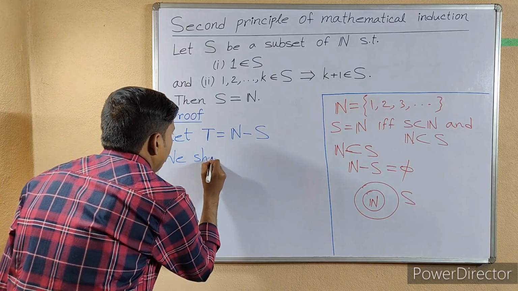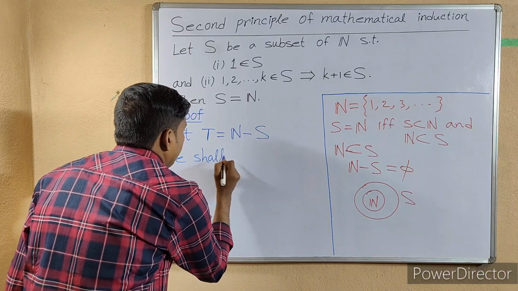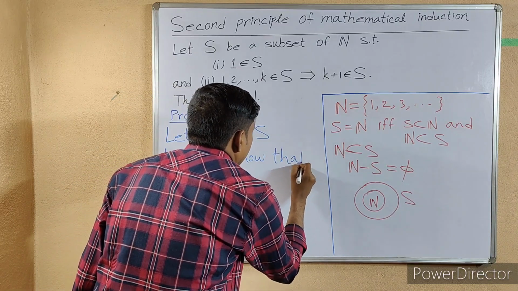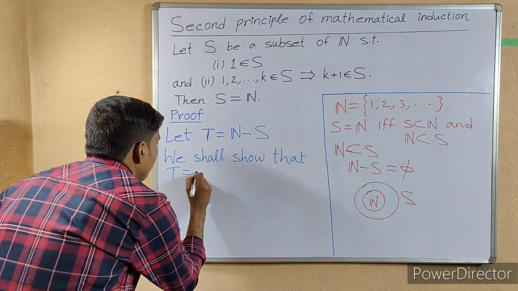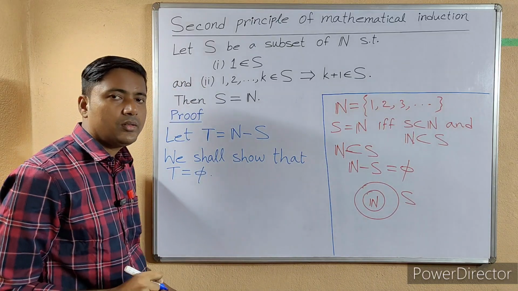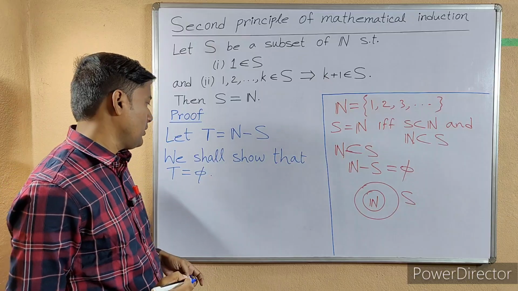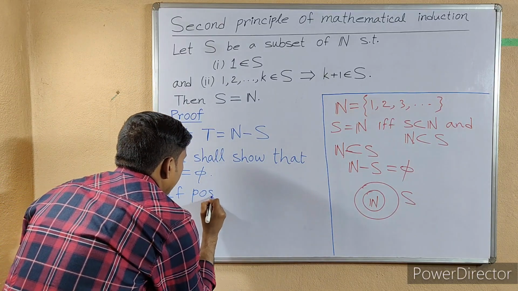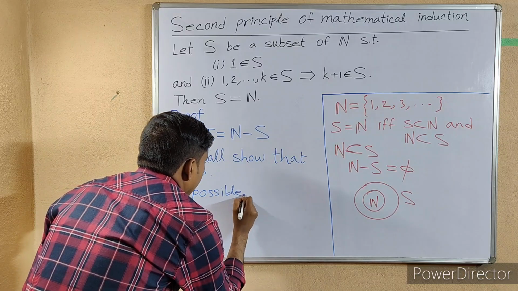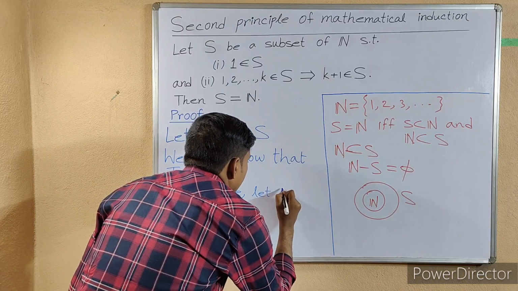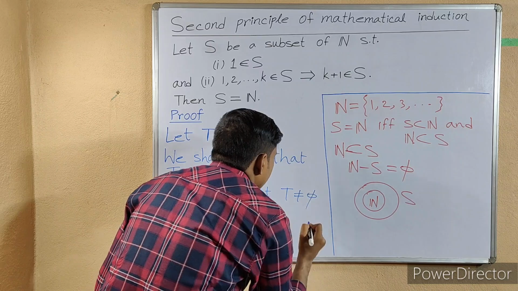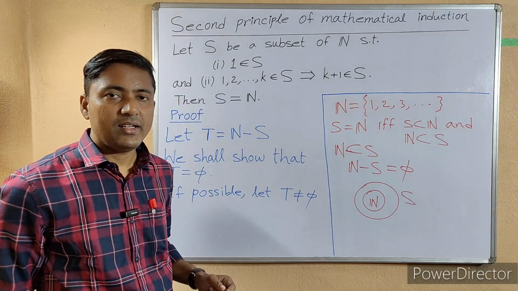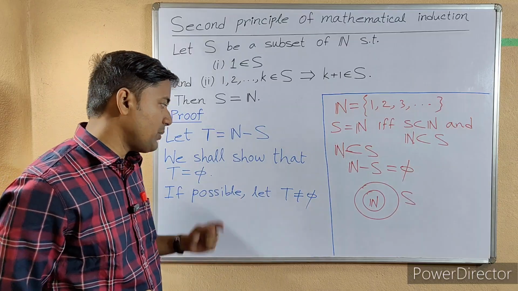We shall show that T equal to phi. If possible, let T not equal to phi, that is, T is non-empty.